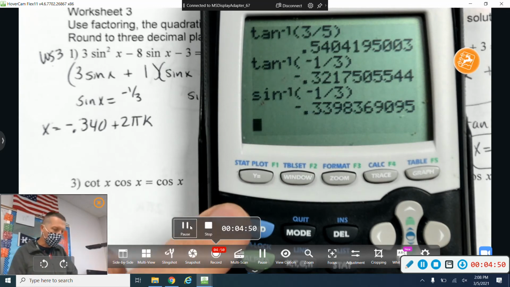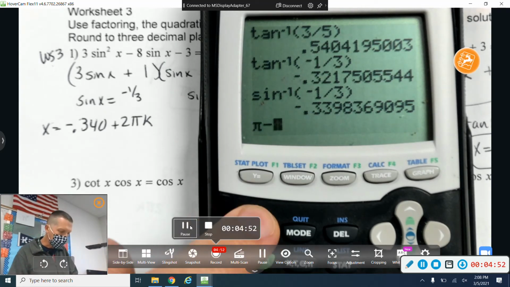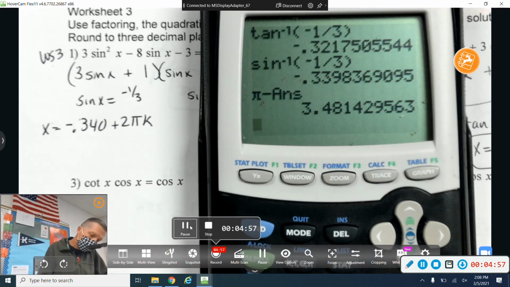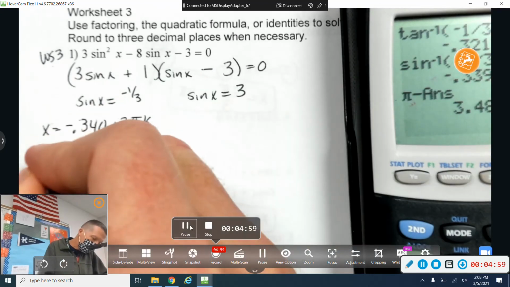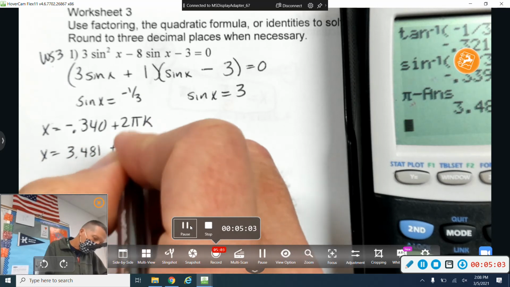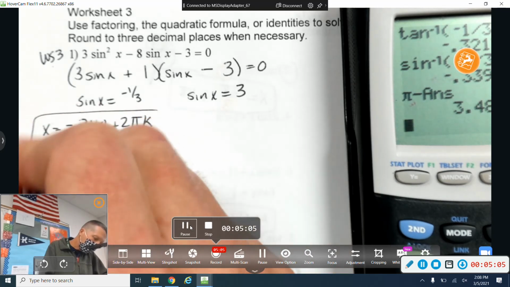And then as we mentioned a minute ago, pi minus will get you the second answer, 3.481 plus 2 pi k.